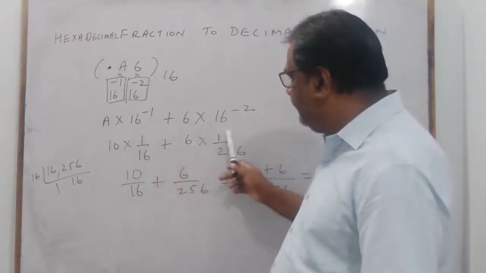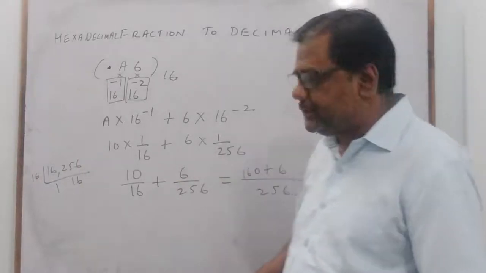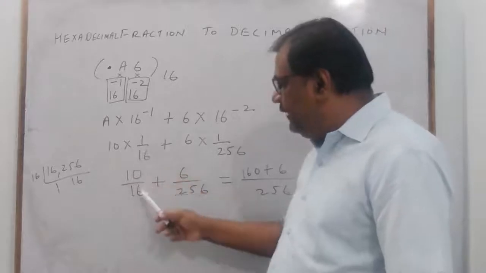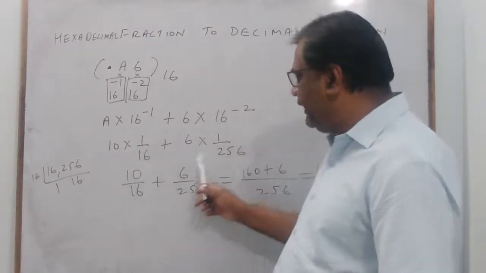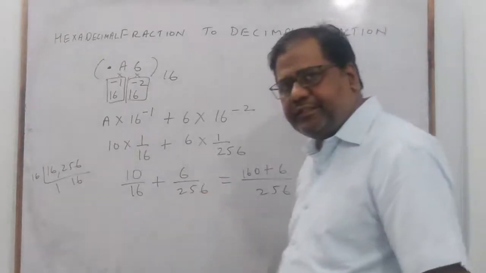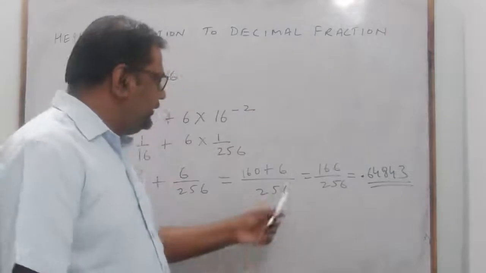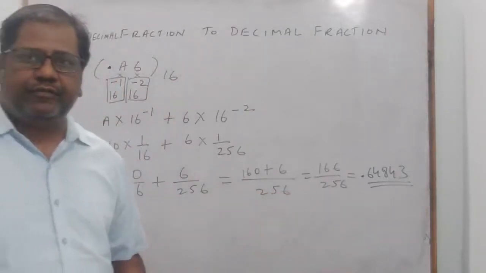So 10 into 1 by 16 and 6 into 1 by 256, because 16 square is equal to 256. When we calculate, it becomes 10 upon 16 plus 6 upon 256. LCM is 256. And it is 160 plus 6, which is equivalent to 166 upon 256.